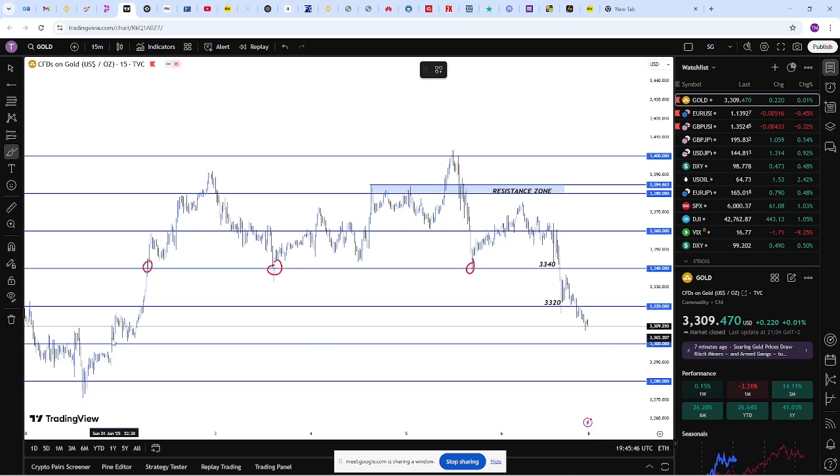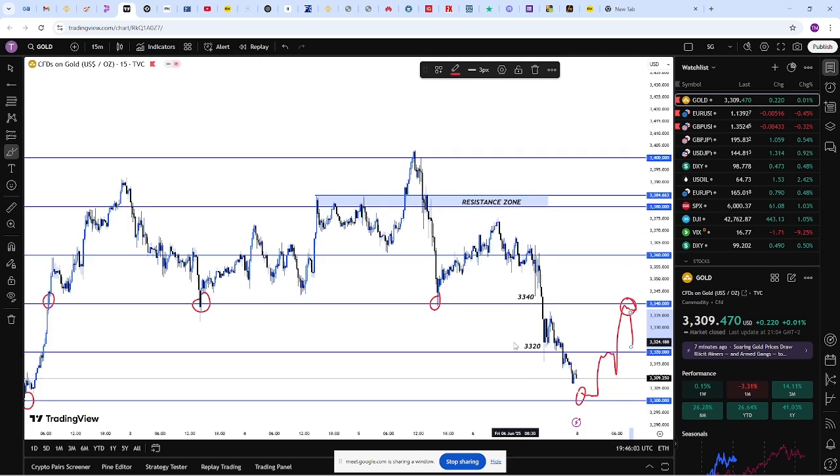Can you see this place? Price should come a little bit down, make some correction here, break it, and this is the major correction area. The market is likely to reverse.